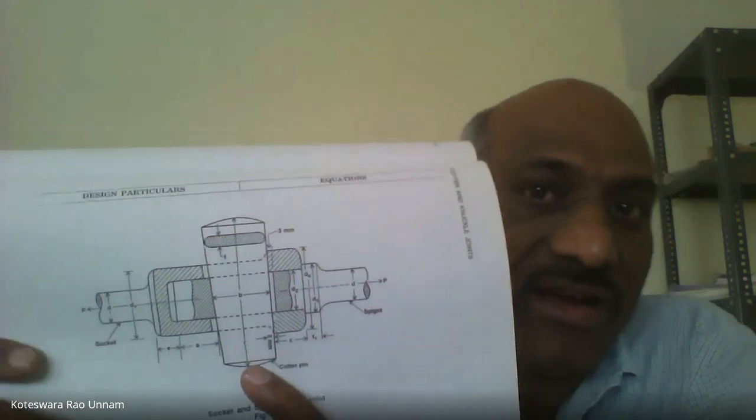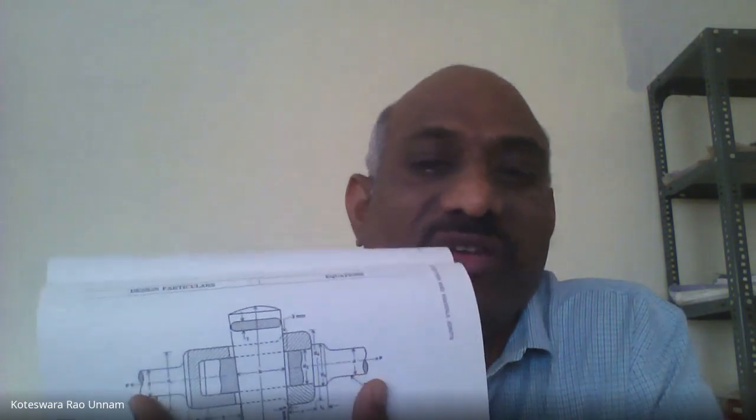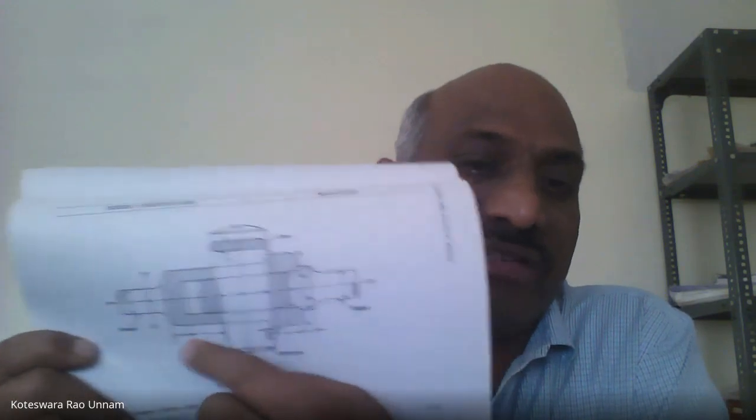One more point you have to remember here is, from the examination point of view, they will ask you to design and draw the cotter joint. Then you can use the data book. But you cannot draw a rough sketch. You have to use pencil and scale and draw it neatly for these dimensions.